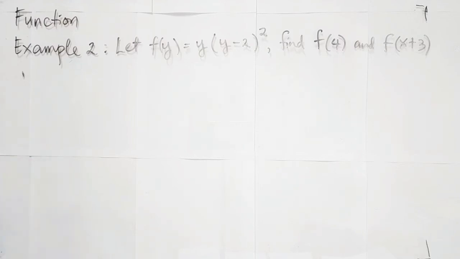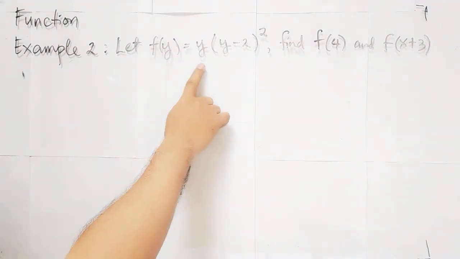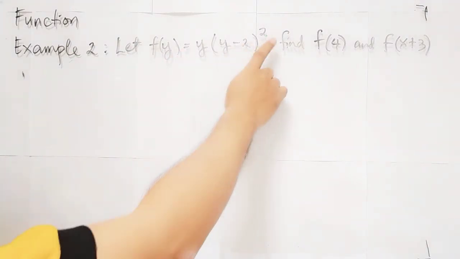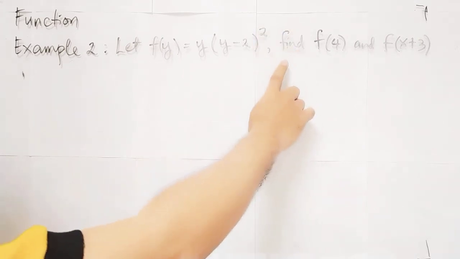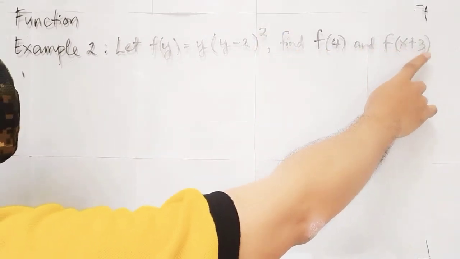This time, we will have another example. Let f of y equal y times (y minus 2) raised to 2. Find f of 4 and f of x plus 3.